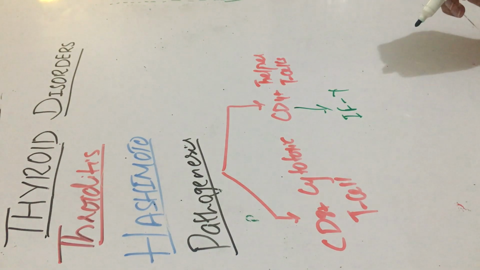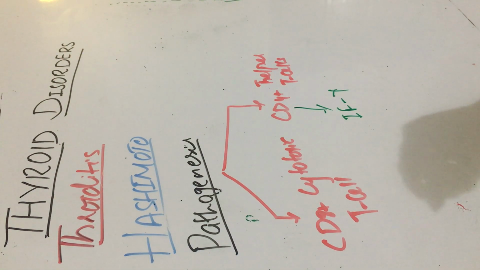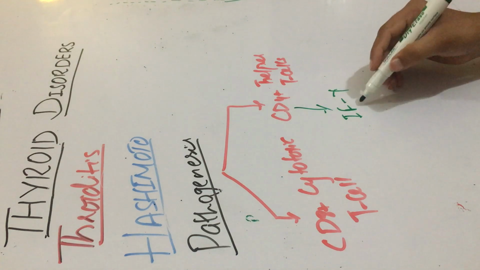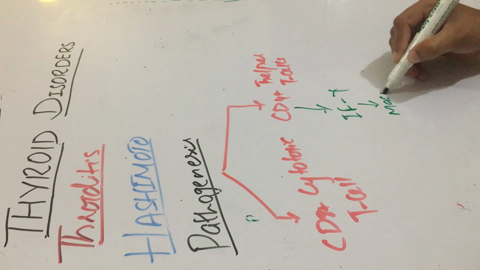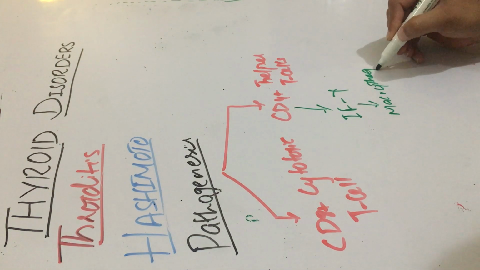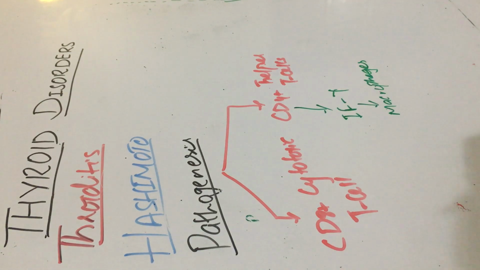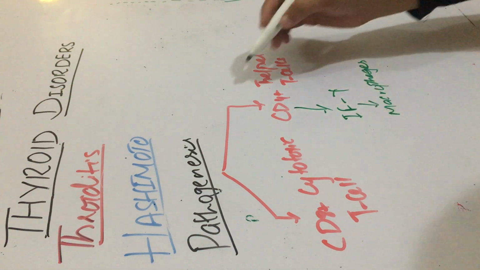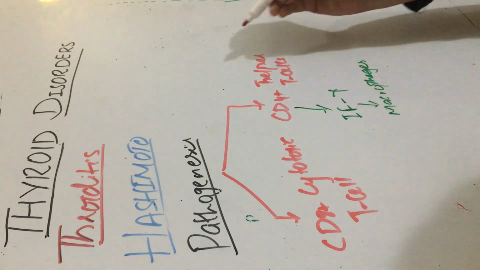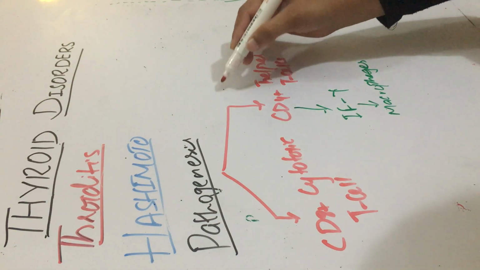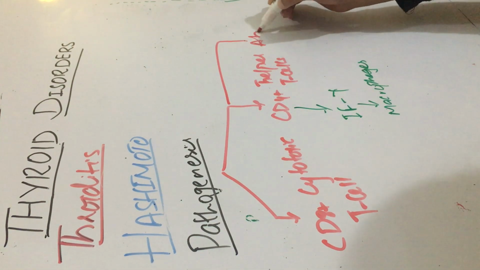This interferon gamma activates the macrophages, and so there would be damage to the follicular epithelial cells. And the third is antibody dependent cell mediated toxicity.